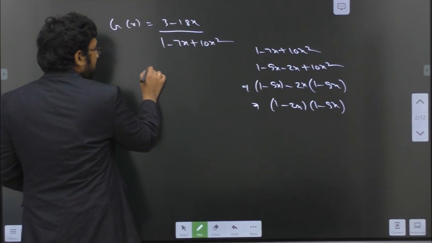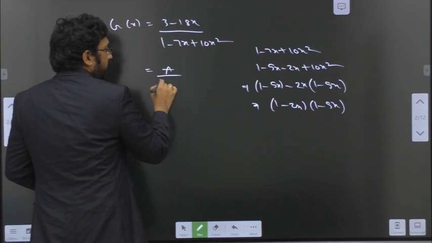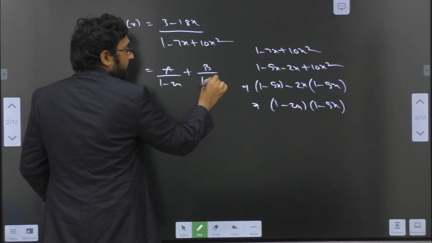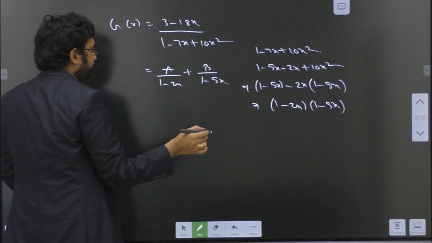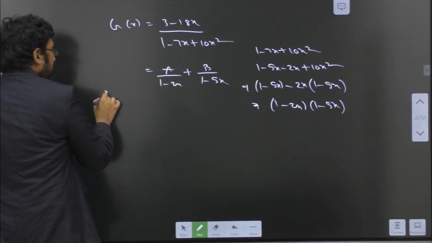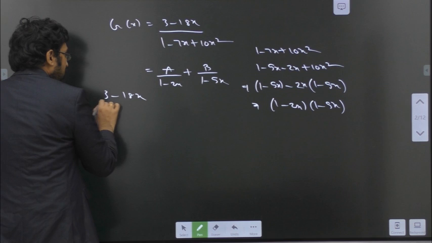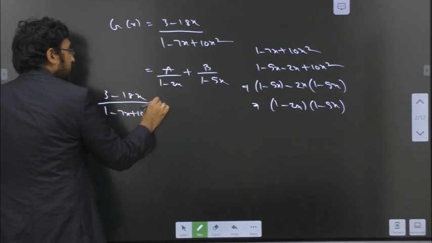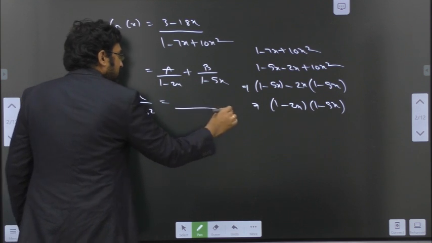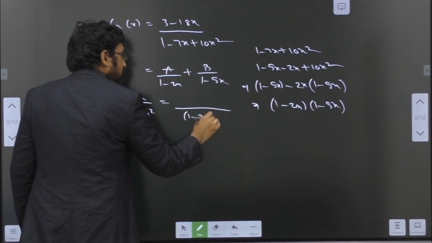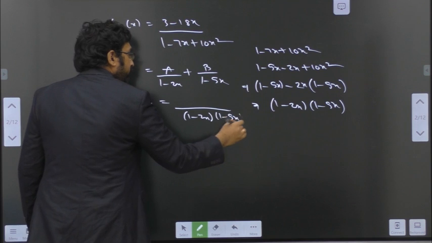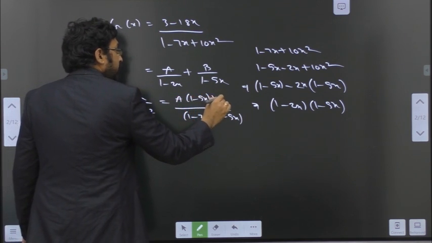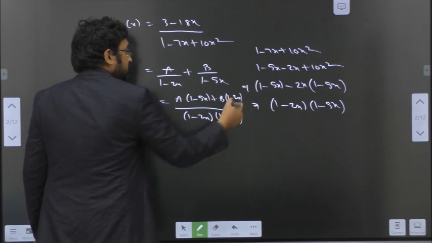So we can write this as A by (1 minus 2x) plus B by (1 minus 5x). So (3 minus 18x) by (1 minus 7x plus 10x squared) equals, if you take the LCM here, (1 minus 2x) into (1 minus 5x), A into (1 minus 5x) plus B into (1 minus 2x).